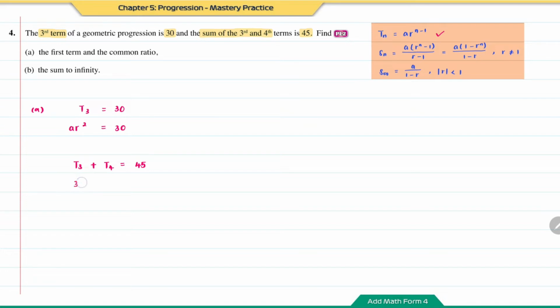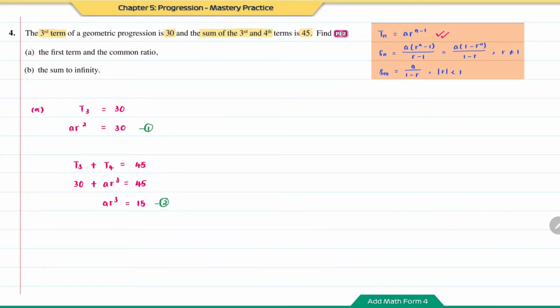For T4, again refer to this formula. It's going to be AR to the 4 minus 1, which is 3, equal to 45 minus 30. So AR to the power of 3 is equal to 15. Next, I'm going to label this as equation 1 and this as equation 2.